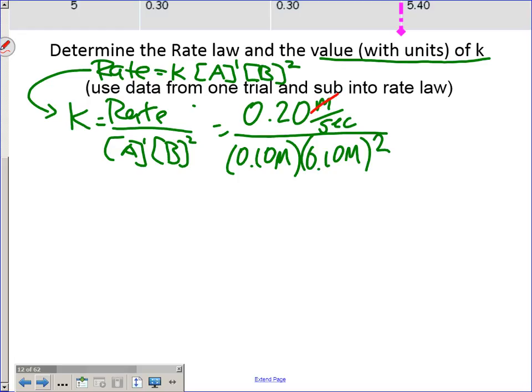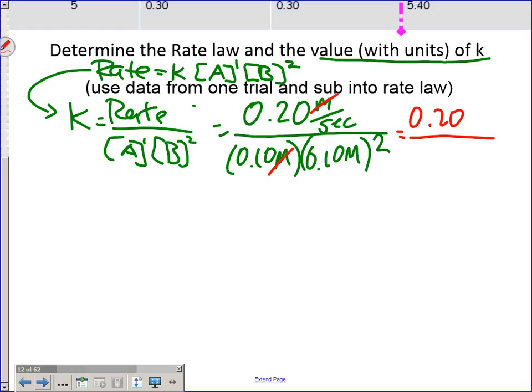One of the molarities cancels, and then seconds are in the denominator of the numerator, so really they're just in the denominator in general, right? So this is 0.1 times 0.01, 0.001. So 0.1 is still there, so let's do this mentally.